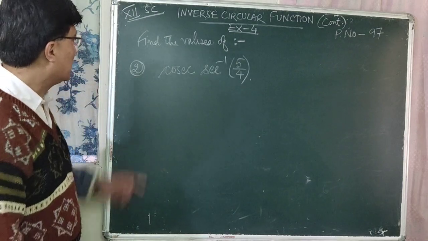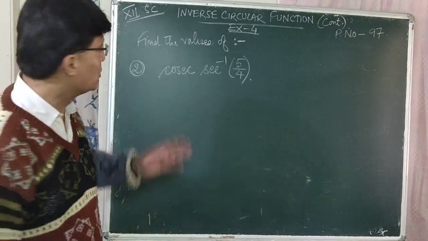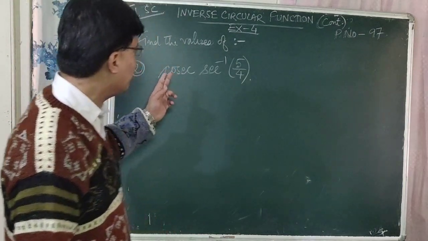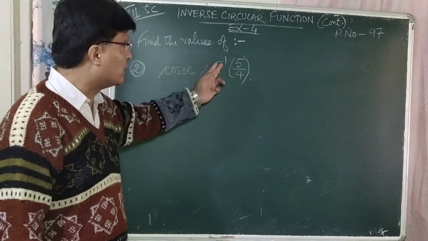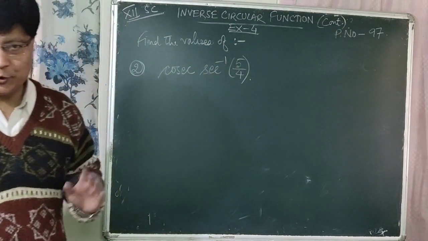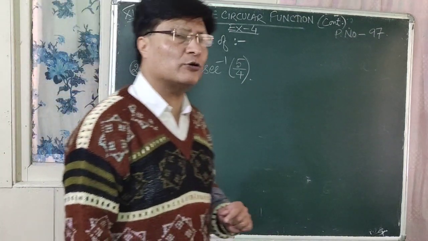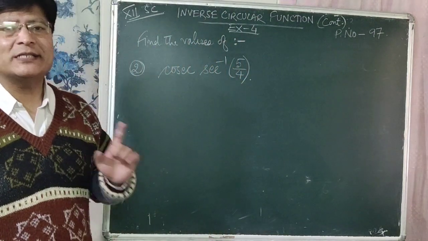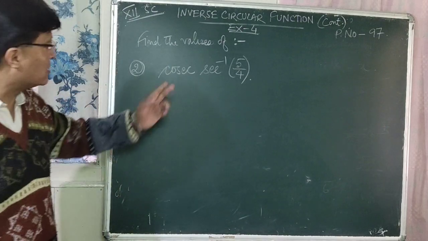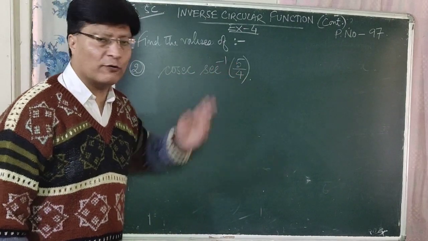So now let's do question number 2. You have to find out the principal value of cosec sec inverse 5 by 4. Let us do it. I told you that the inverse circular functions always denote an angle. That is, sec inverse 5 by 4 is an angle.